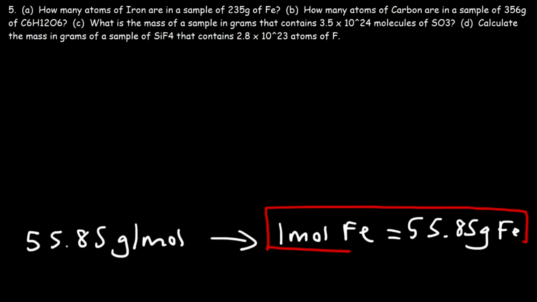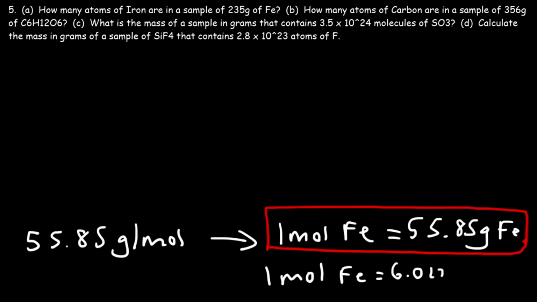The second one is just Avogadro's number. We know that 1 mole of Fe contains 6.022 times 10 to the 23 atoms of Fe. So let's begin. Always start with what you're given.